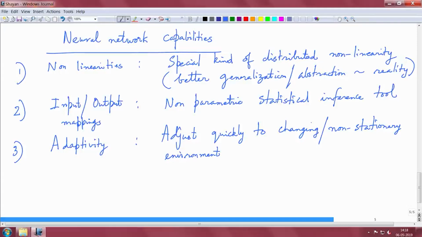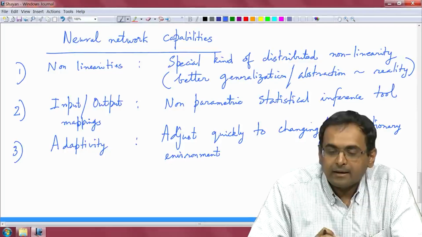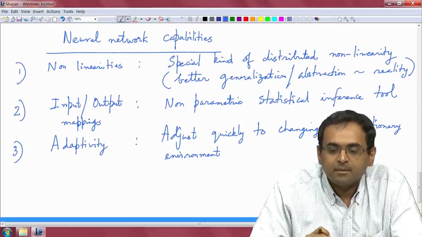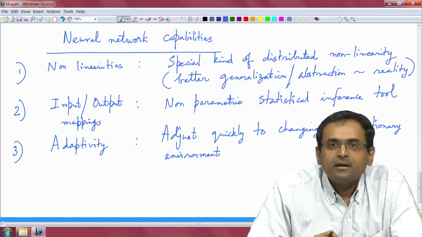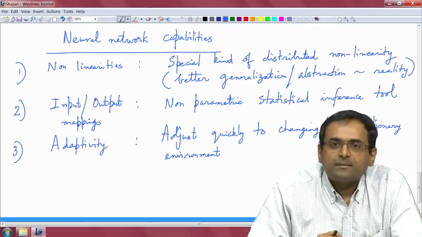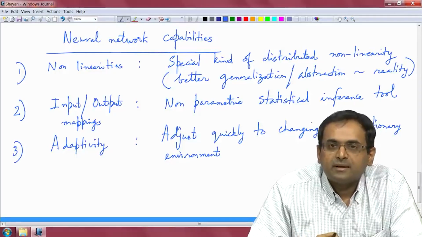If you think about conventional systems, you deal with stationary environment and you can kind of estimate the parameters and you can adjust yourself, but in the non-stationary environment the statistics are not the same. You have time varying statistics, and a learning machine should be capable of adjusting quickly to the environment, and this capability is endowed within a neural network.